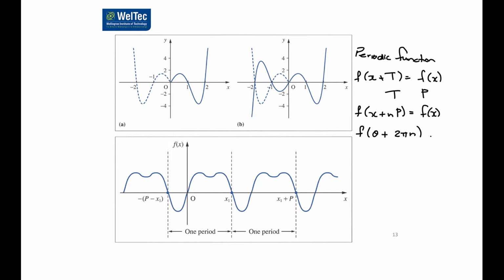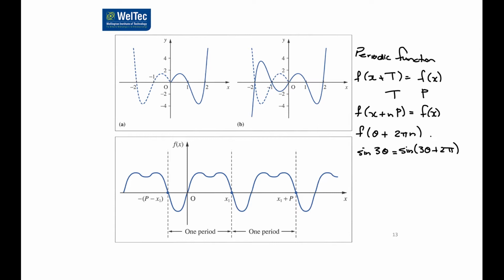So let's have a look at a curve, say sine 3 theta, and we know that that's going to repeat itself every 2 pi radians. So we could write that as sine 3 theta plus 2 pi, because we know that it's going to repeat, so it will be the same.